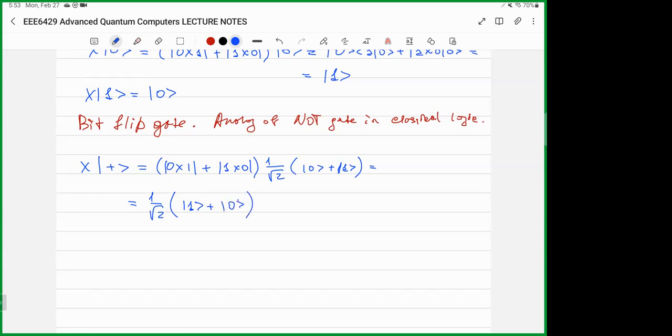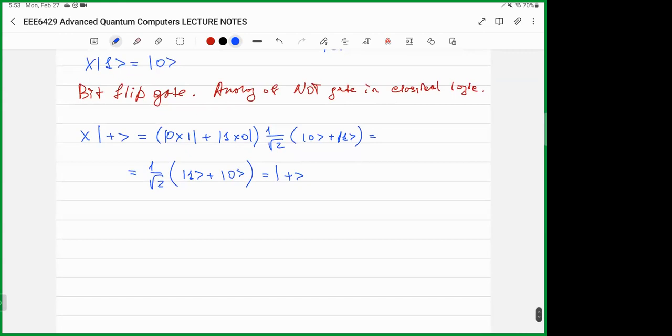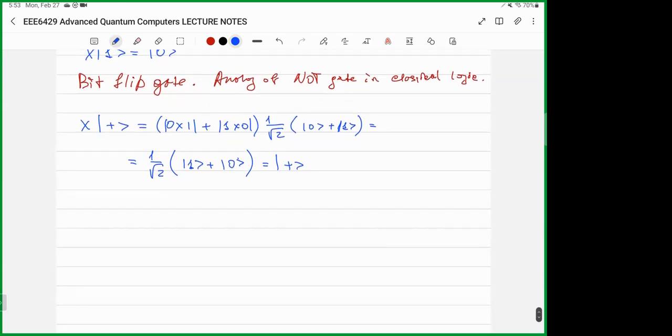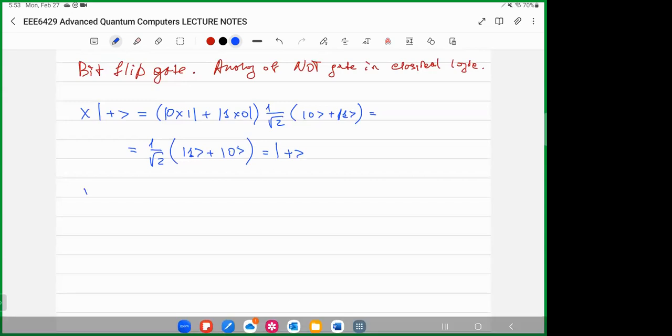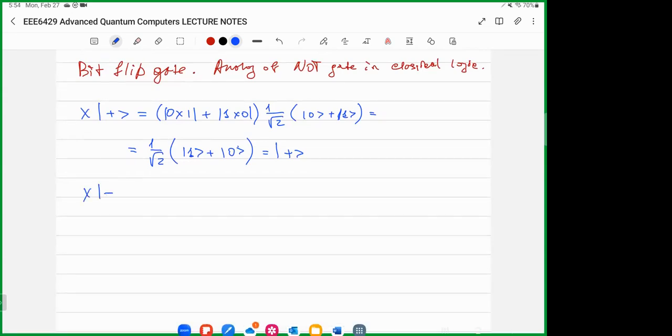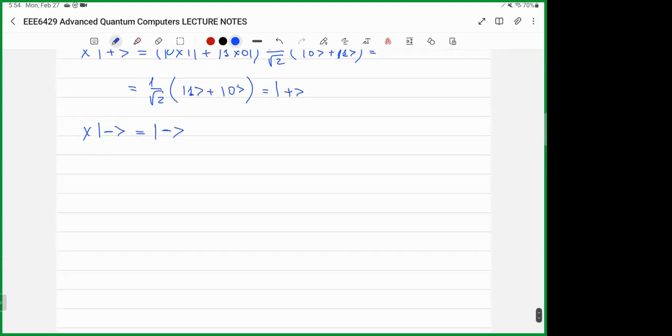So basically this is 0 plus 1, exactly the same state. So this state didn't change after application of the X gate. And the same for minus, of course. So application of X on minus also gives minus.